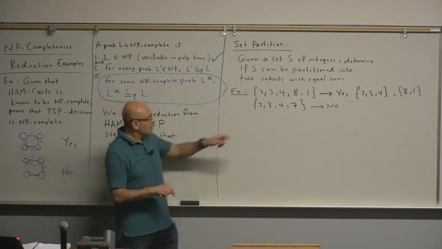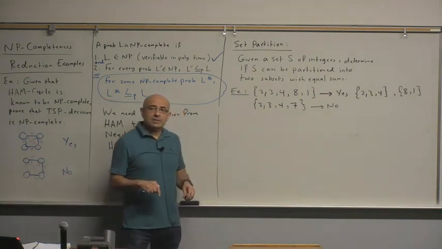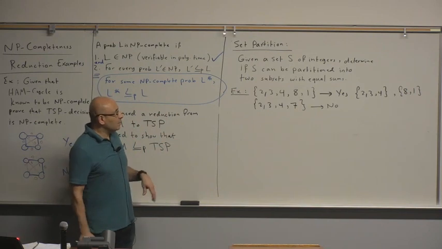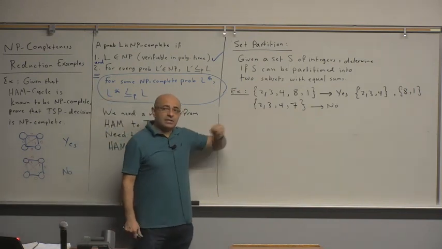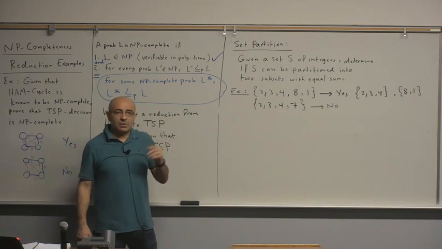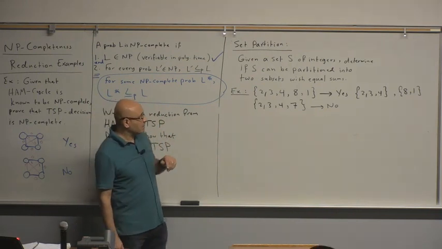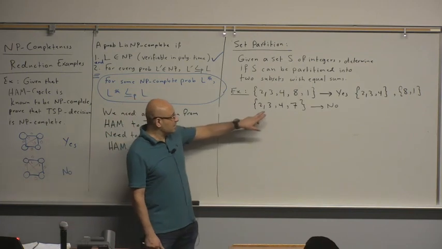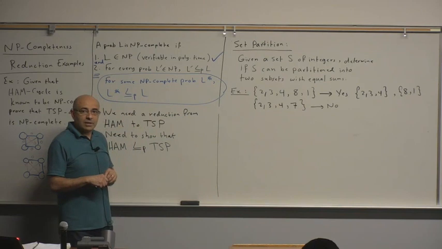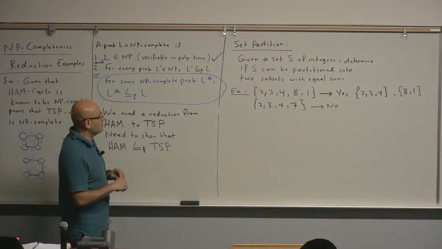A partition will have to use all elements. So a partition by definition has to use all elements, and each element can appear in only one partition, right? So you cannot skip elements. You have to use all of them. Okay? So this is set partition.